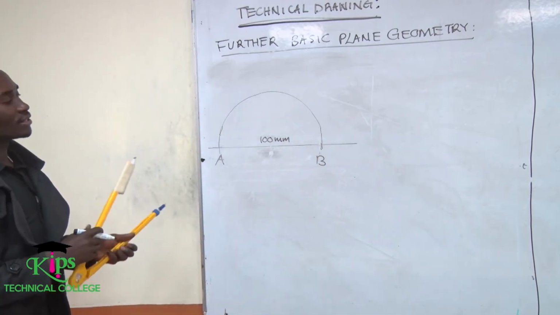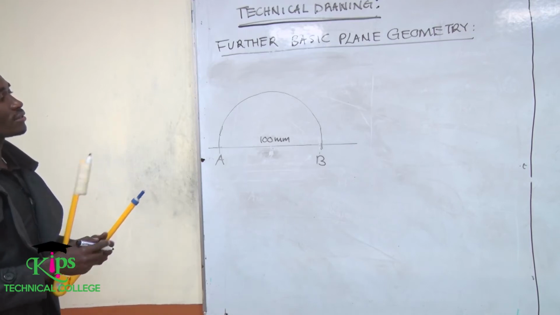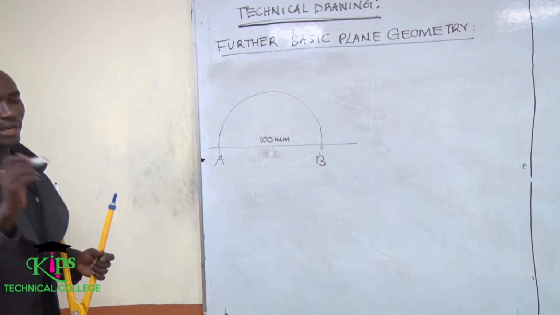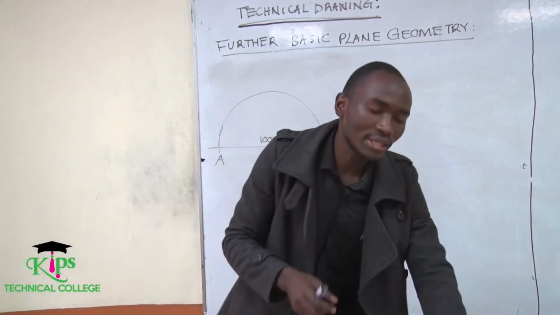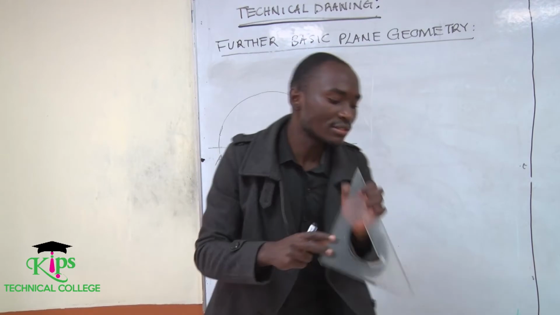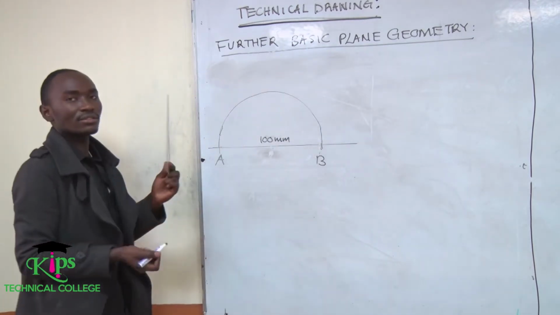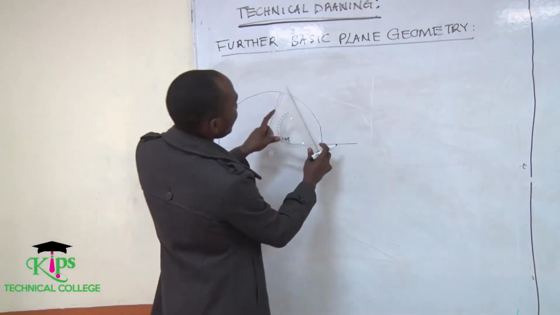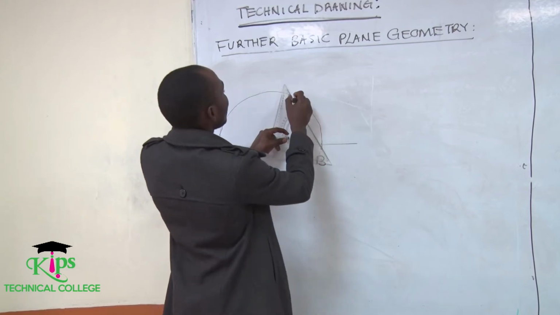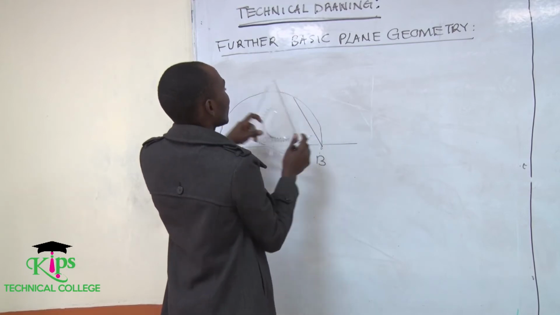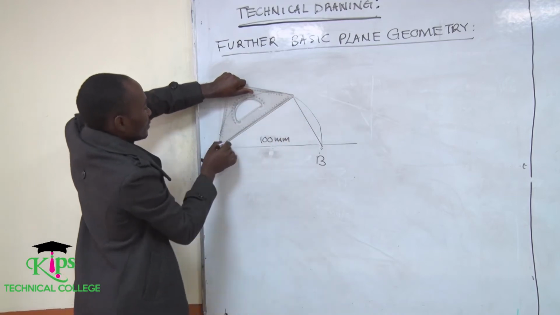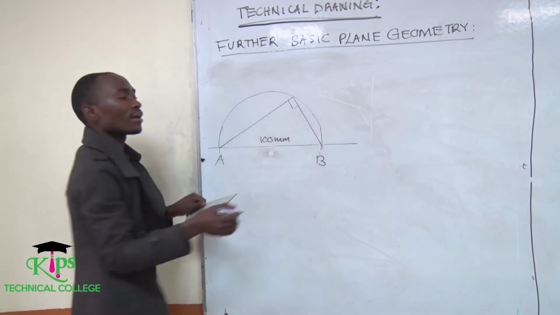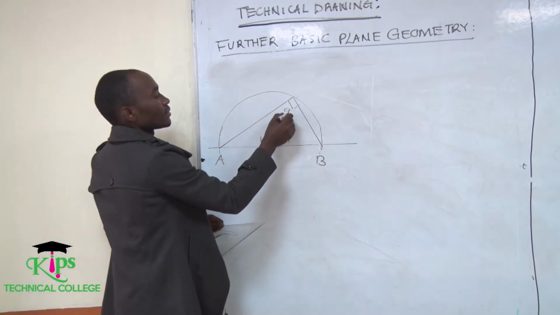So what happens when angles or triangles try to lie in a semicircle? Any kind of triangle which lies in a semicircle is always a right angle triangle. For instance, if I try to draw any kind of triangle from here, like this, to come and touch point A, this is a right angle triangle.